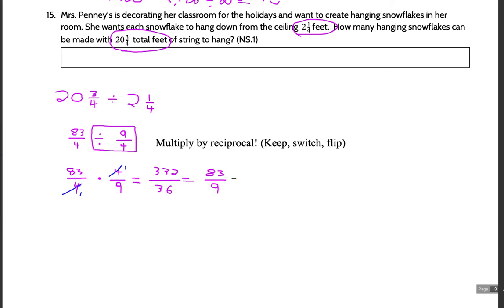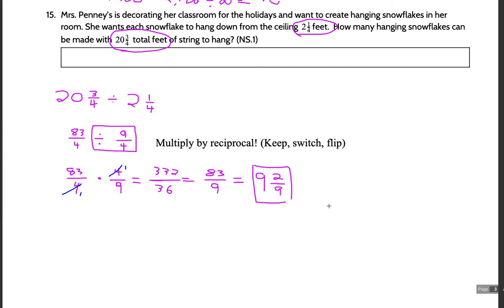And then 83 divided by 9 is, remember, 9 times 9 is 81, and this is 83. So there's 2 left over. So it would be 9 and 2 ninths, because we're on ninths. So 2 ninths is left over. Okay.